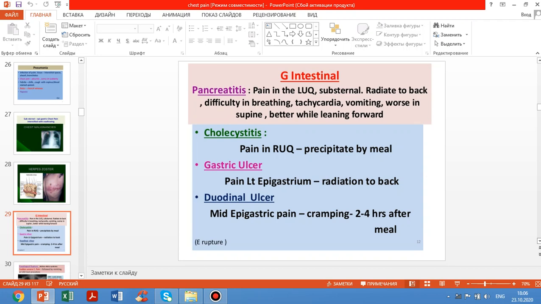Cholecystitis: pain in right upper quadrant, precipitated by meal. Gastric ulcer: pain in left epigastrium, radiation to back. Duodenal ulcer: mid-epigastric pain, cramping, 2 to 4 hours after meal.